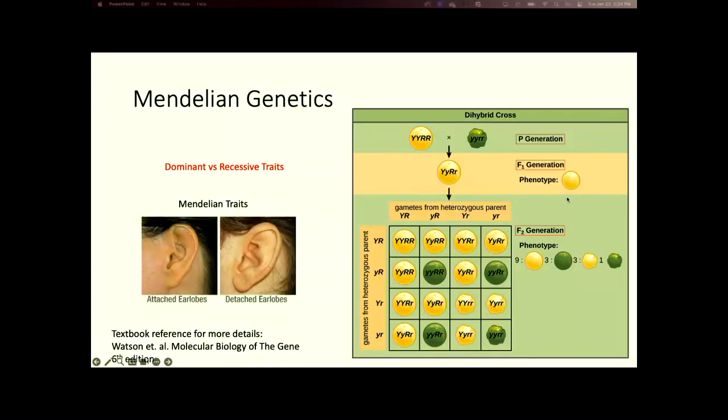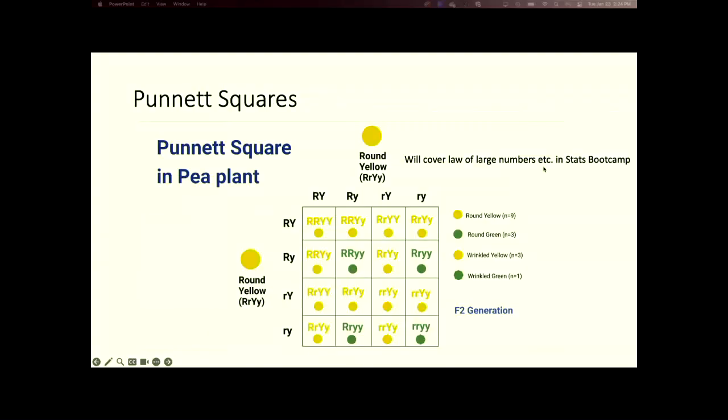So if we grid these possible offspring from breeding this F1 generation of peas, I have this more clear here. We can say that we have 9 round yellow peas, 3 round green peas, 3 wrinkled yellow peas.